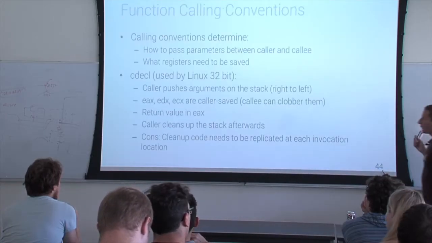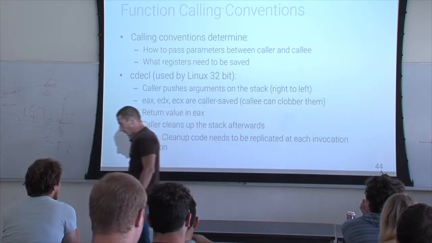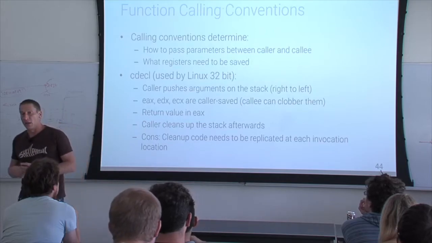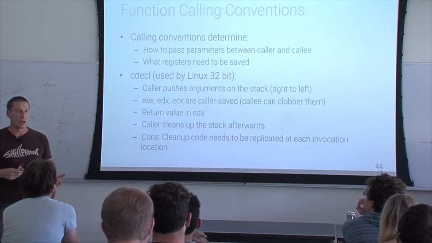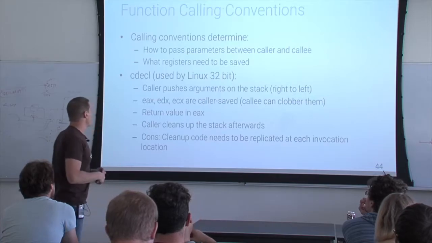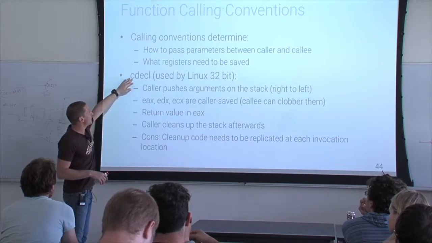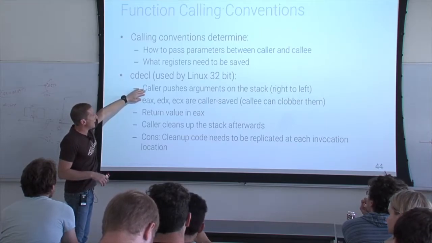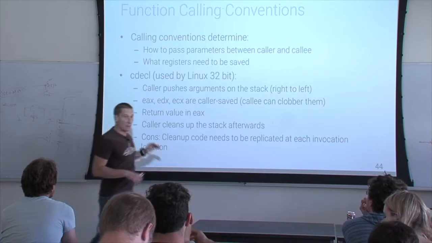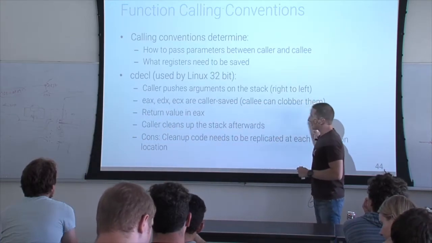I talked about function calling conventions. Fundamentally, there are two things that they take care of. They take care of how you pass the parameters, and they take care of deciding who cleans the stack. Okay? Linux 32-bit uses something called cdecl, and so the caller pushes the arguments on the stack from right to left.